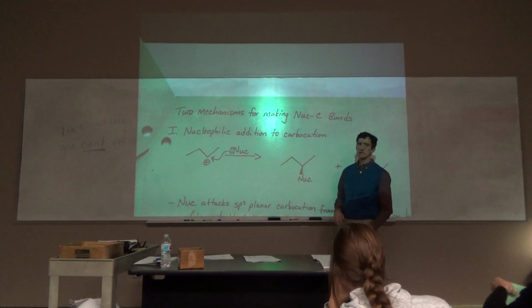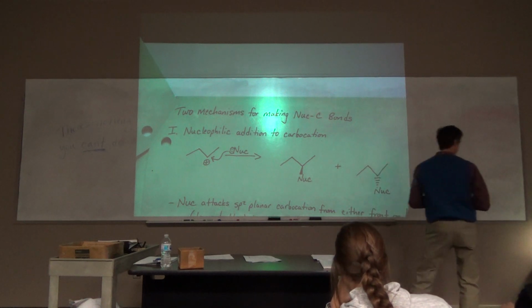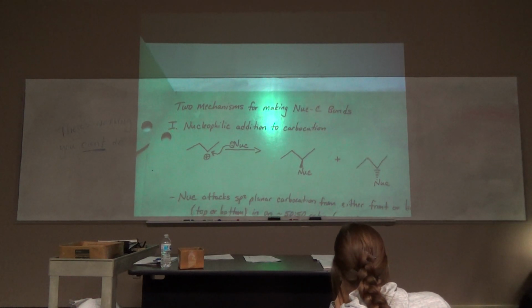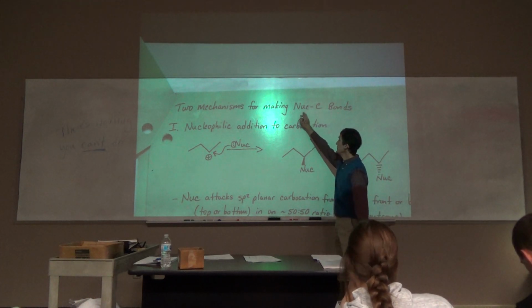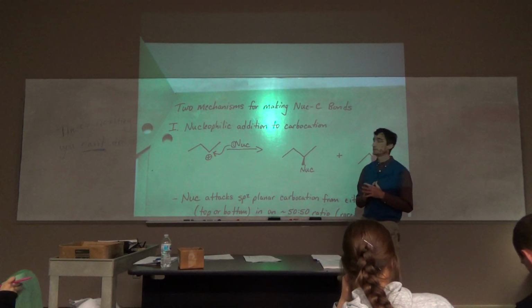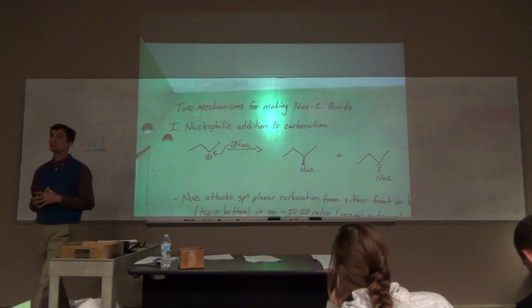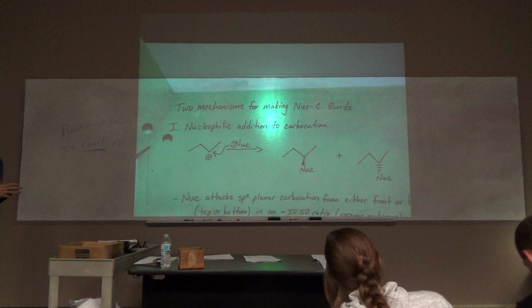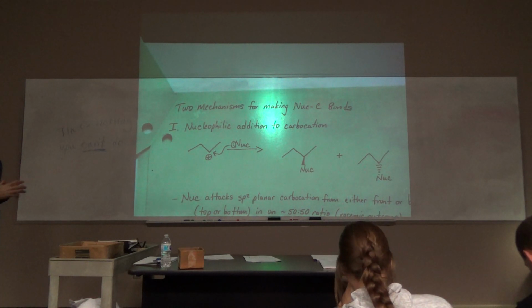This is not going to be presented this way in a textbook. I'm not quite sure why. Two mechanisms for making nucleophile to carbon bonds. Both of these are described. I find these to be hugely important. And I'm telling you my version of the situation here.